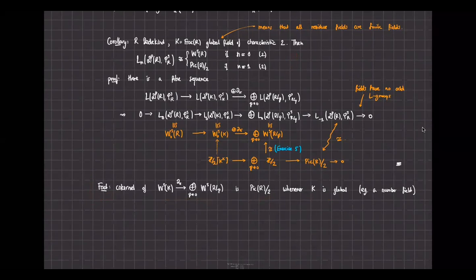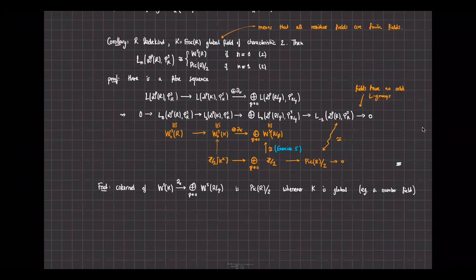In that case, it's a bit more complicated to prove. The really helpful point was that in characteristic 2, all residue fields that appear are finite fields of characteristic 2, whose Witt group is just Z mod 2. In the other cases, those will be finite fields of odd characteristic, and the Witt groups of finite fields of odd characteristic are either Z mod 2 times Z mod 2 or Z mod 4.